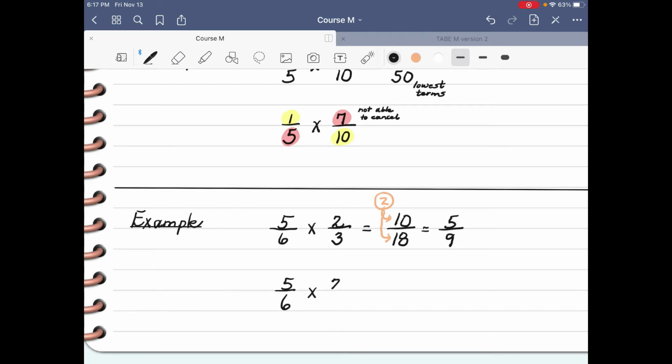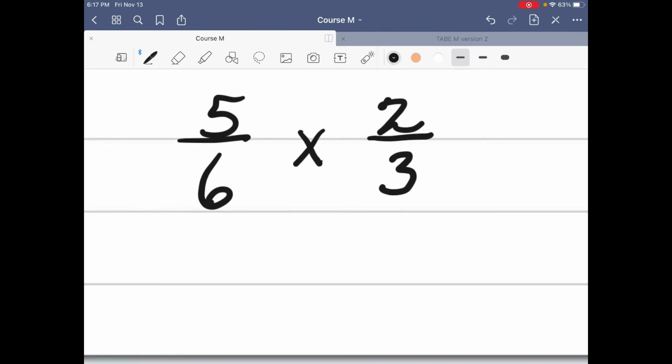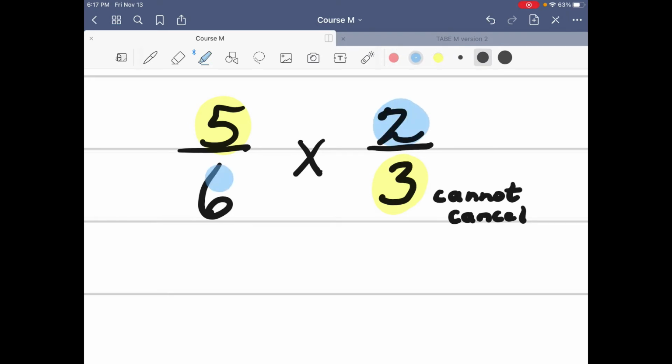But this is an interesting one. I'm glad we have this example. Let's study this one just a second and see why I think it's interesting. 5 and 3 cannot cancel. There's nothing that will break both the 5 and the 3 down any further. But what about the 2 and the 6?